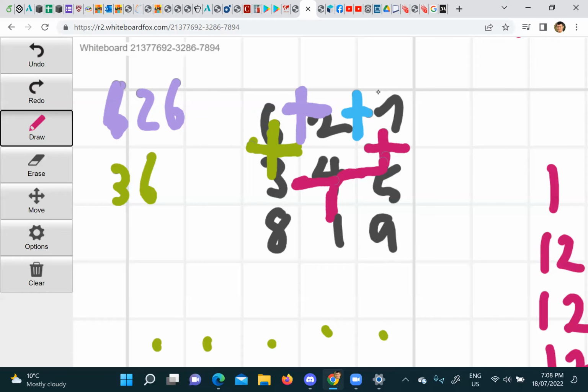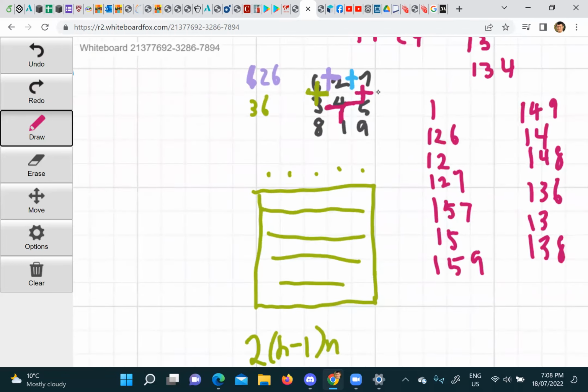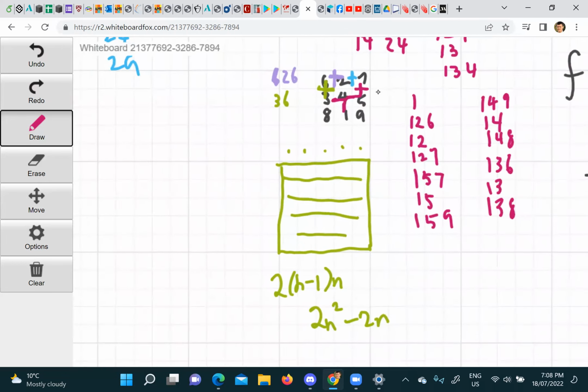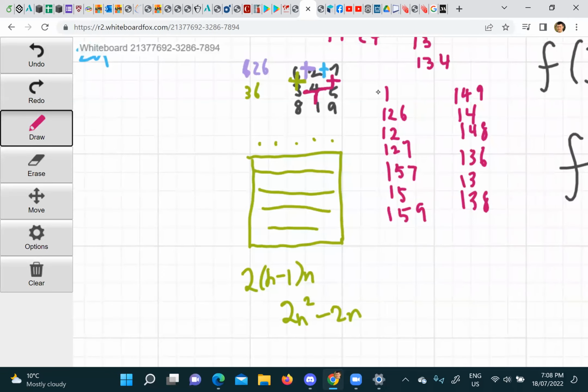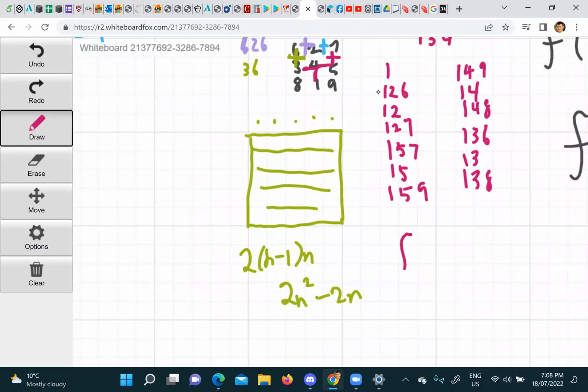So what that proves is that the number of paths f of n is greater than or equal to 2n squared minus 2n, right?